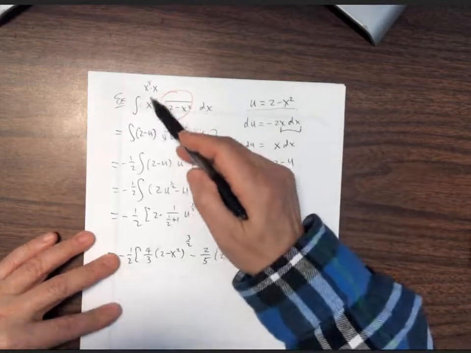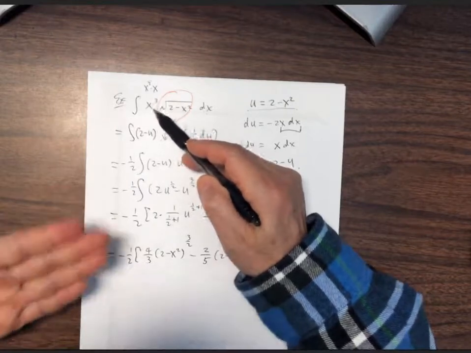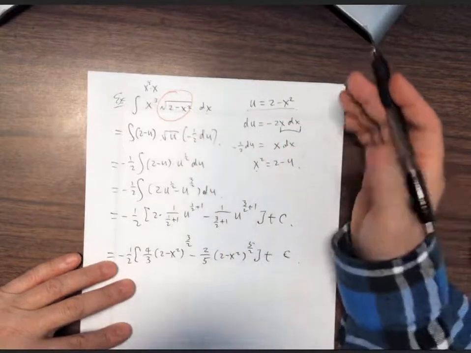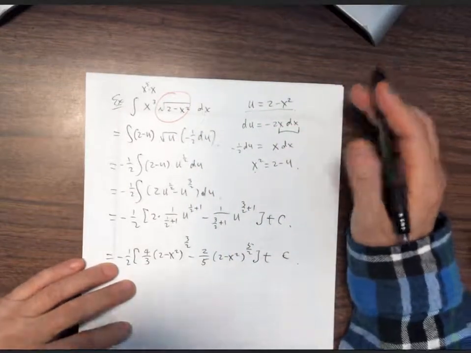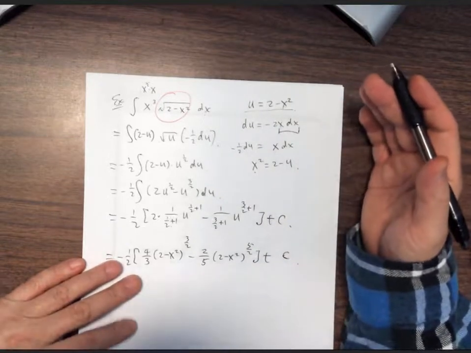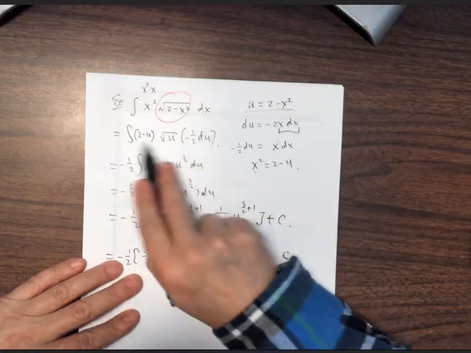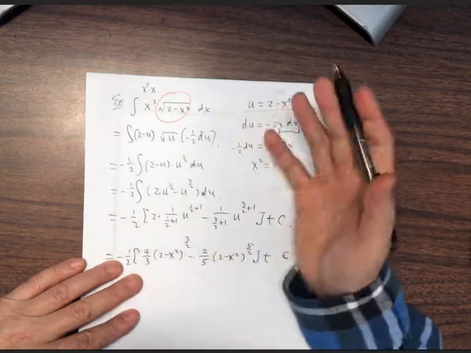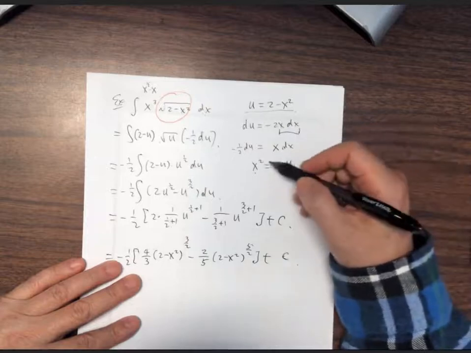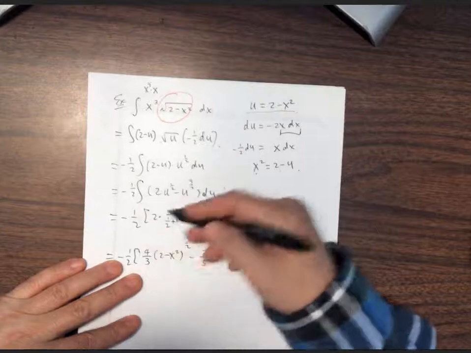That's because it's in some way still kind of a nice factor, although not what we consider a perfect supporting factor. We were able to still get rid of everything, get rid of all x basically. The x squared leftover is replaced by 2 minus u, and then we can still integrate.